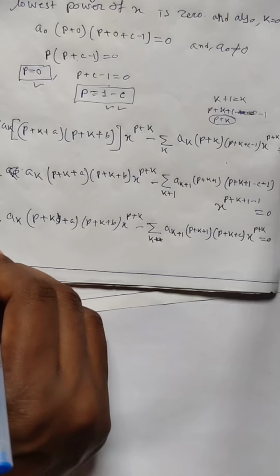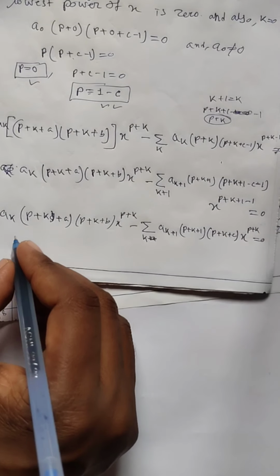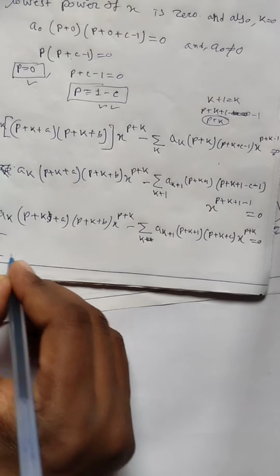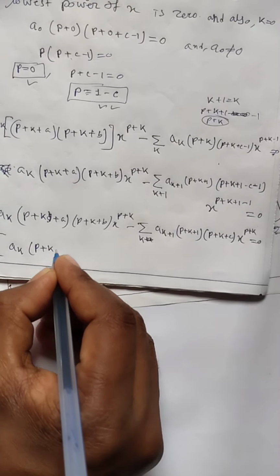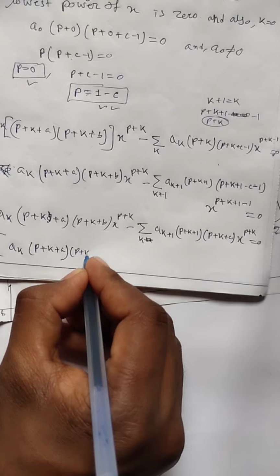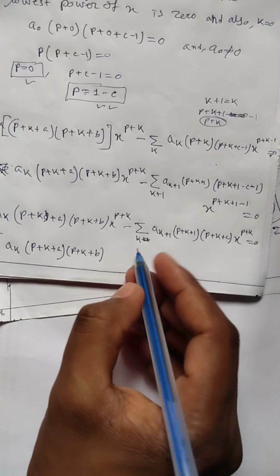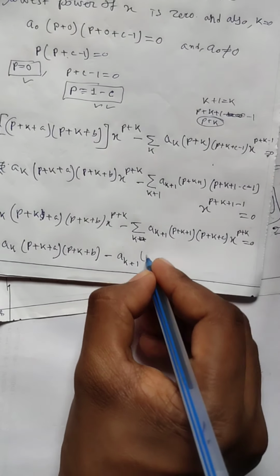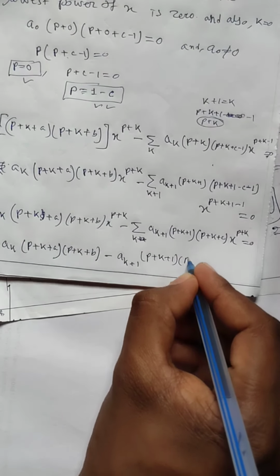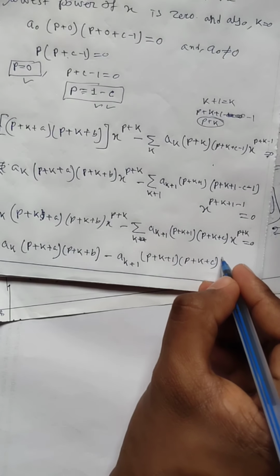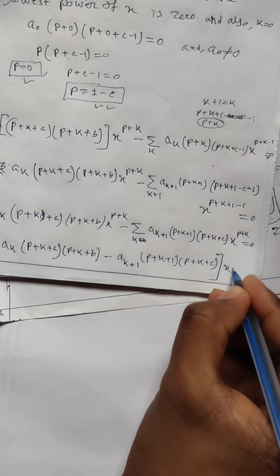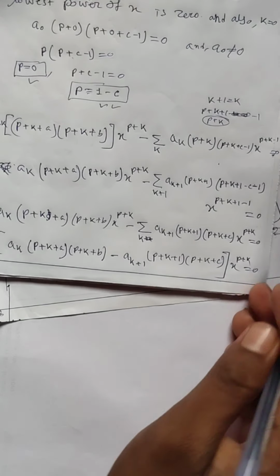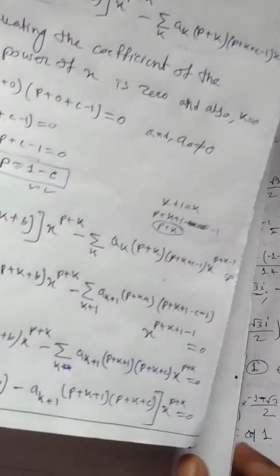Therefore we can write k here, ak (p plus k plus a)(p plus k plus b) from the first term, and from the second term minus a(k plus 1)(p plus k plus 1)(p plus k plus c), the whole x to the power p plus k equal to 0. Therefore now we get this term. Let's go to another page.